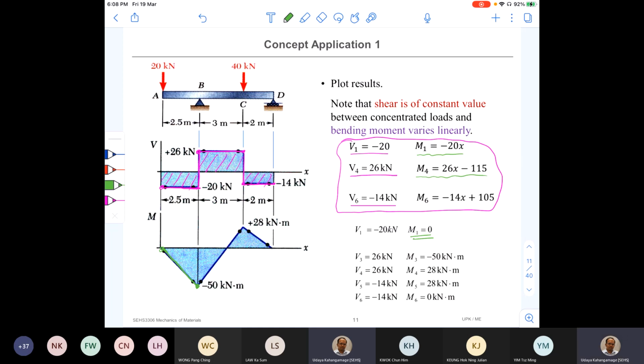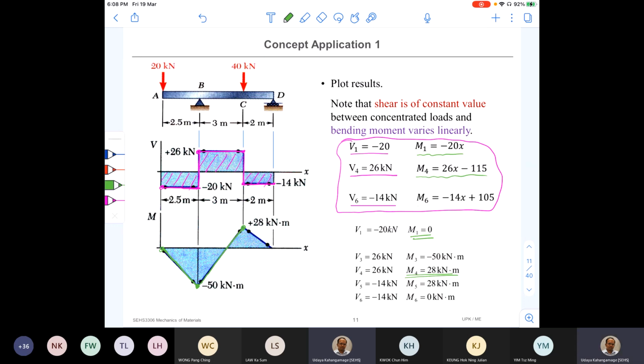And when x is equal to 5.5, you substitute here, and then you find that M is equal to 28. So I calculated that one, M4 is 28. So in between, variation is linear, right? So therefore, this kind of variation.